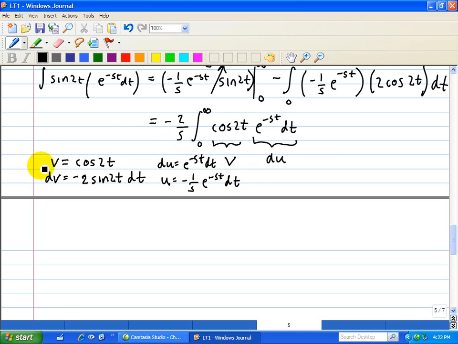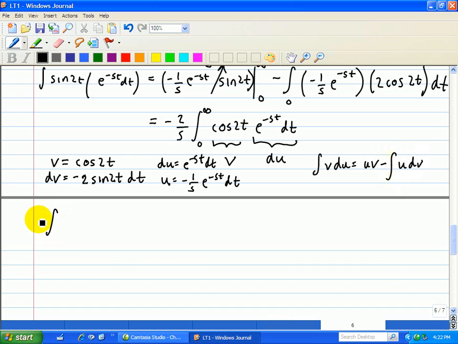Now we substitute this expression into our integration by parts expression, where we have the integral of v du is equal to uv minus the integral of u dv. Hence we have the expression of negative 2 over s times the integral of cosine of 2t e to the minus st dt is equal to negative 2 over s, all of that multiplied by u times v.